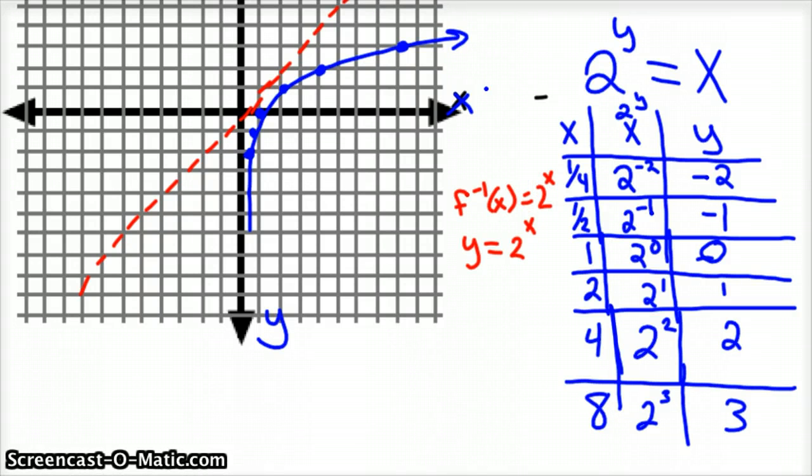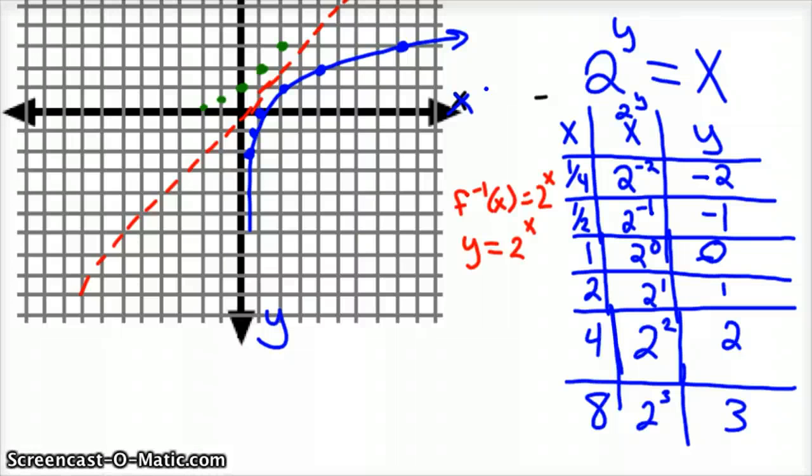If you wanted to also have the inverse plotted on the same graph, just flip your y and your x around. We'll do that in green: negative 2 and 1/4, negative 1 and a half, 0 and 1, 1 and 2, 2 and 4, and then 3 and 8.